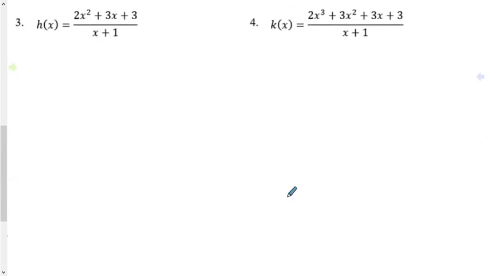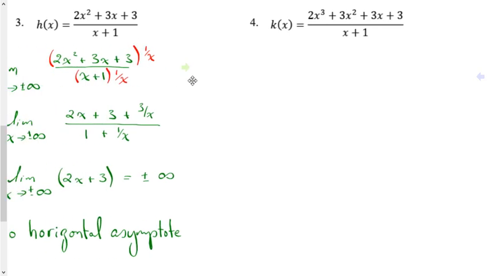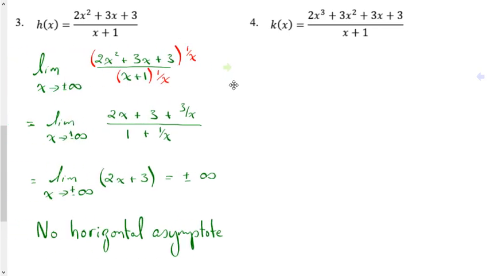Question number 3. As x approaches infinity, now in the numerator, as I look at what cancels out, this 3 over x and that 3 over x, those are both going to 0, but I still have an x in the numerator, and so that reduces to 2x plus 3.